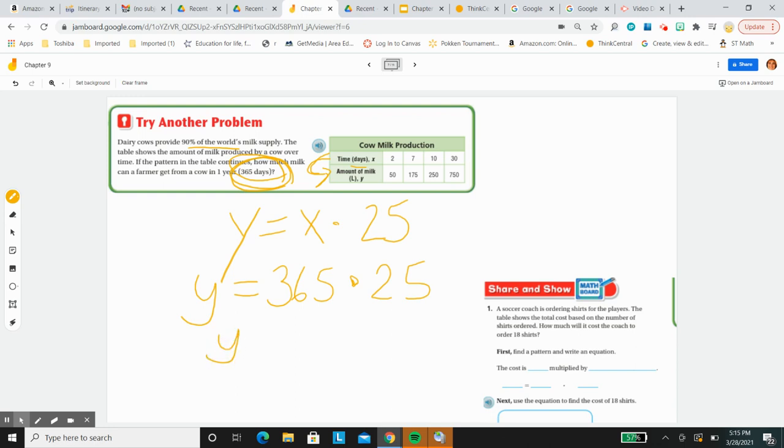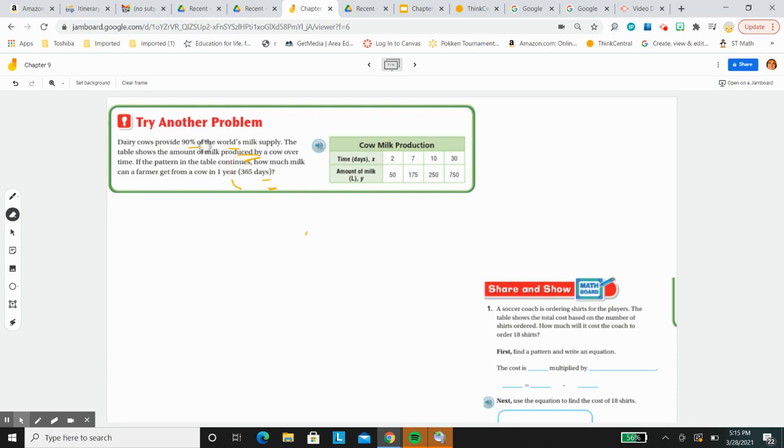It's going to end up that Y is going to equal 9,125. Are you following me so far? Okay. This is kind of a tough lesson because you're going to have to really think about the patterns that you see and start to be able to analyze what's happening between the X and the Y variables here. Okay.